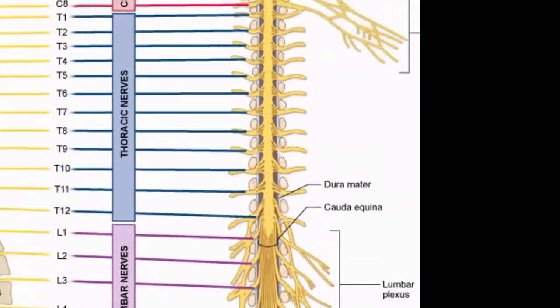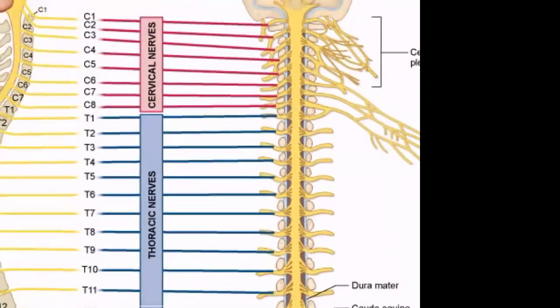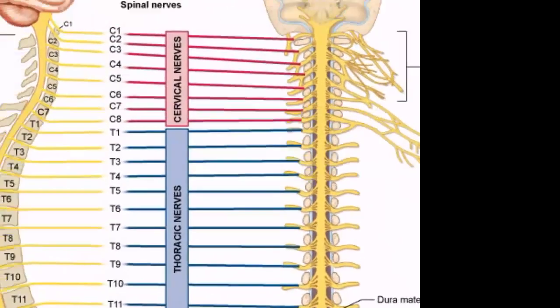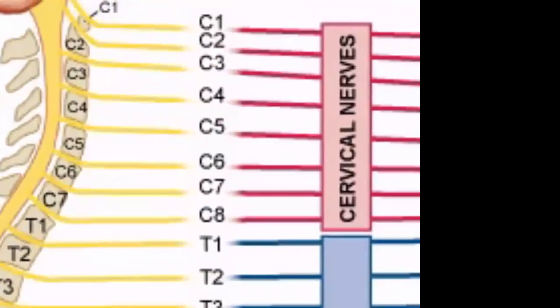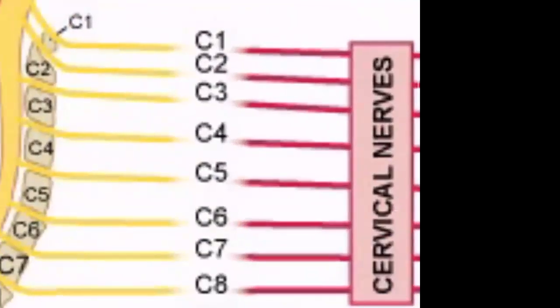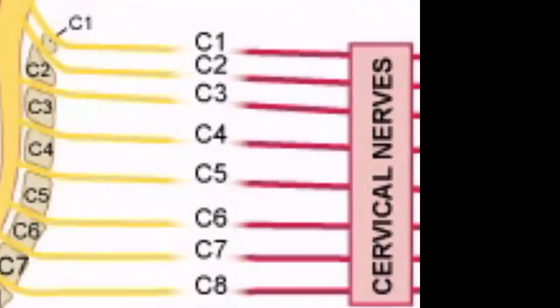But I skipped the first one at the top for a reason, because you'll notice something. How many cervical nerves are there? There's 8, but that doesn't make sense because there's only 7 cervical vertebrae. And if I said a pair of nerves extends from underside of each one of these, then there should only be 7 pairs.